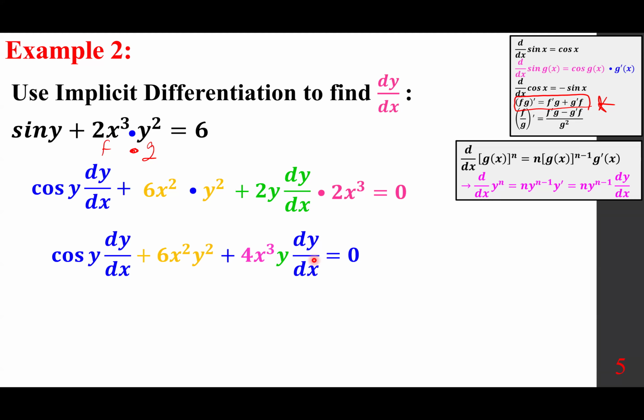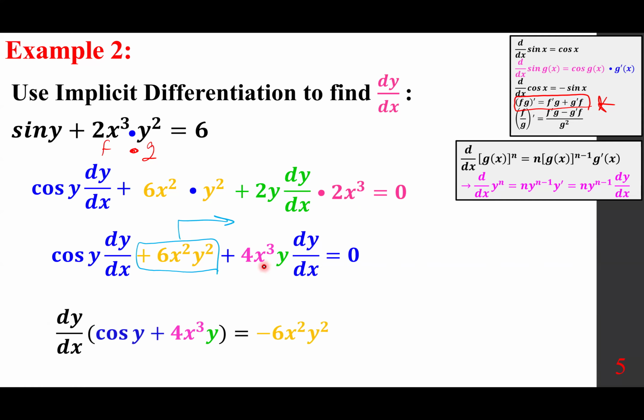So since this has dy/dx, this has dy/dx, we're going to keep it, and this one moves to the right, becomes negative. Now, on the left side, we have only these two pieces, and we're going to factor out the dy/dx, resulting in cosine y plus 4x cubed y.